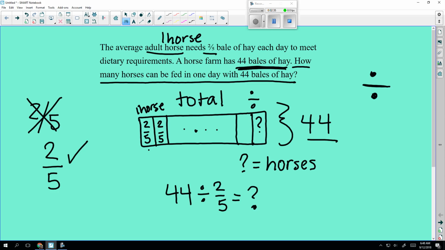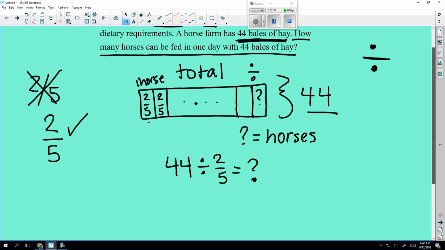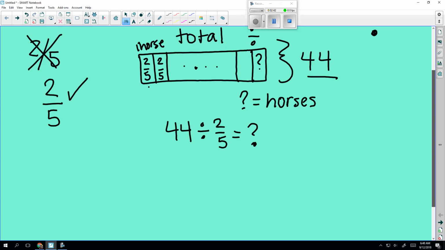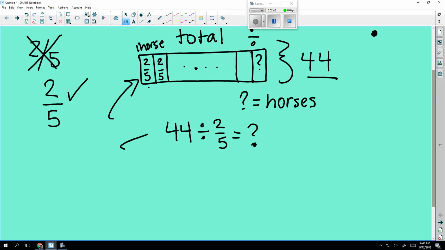So in order to solve, that picture is super huge. Guys, remember while you're listening, I want you to do this as well. I want you to model the picture, write the original division equation, just like this, and now we can use the reciprocal to solve. So remember, the first number is going to stay the same. We're going to keep it.